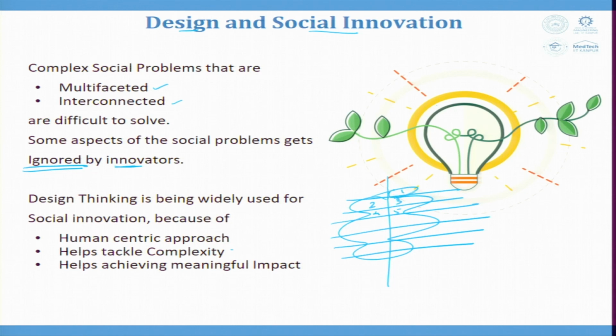Now, you will have smaller sections. Now, you try to understand the effect of each smaller section and its influence on, say, segment 7. User-centric design helps in tackling complex situations and in achieving meaningful impact. That is why design thinking is used as a boon for social innovation.